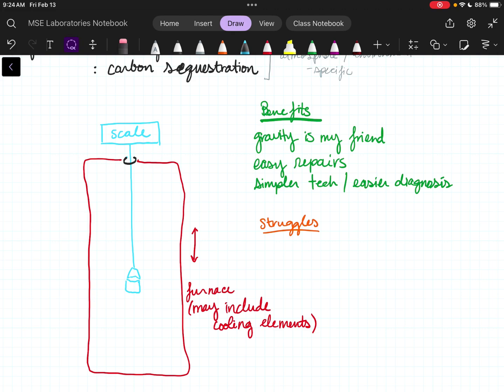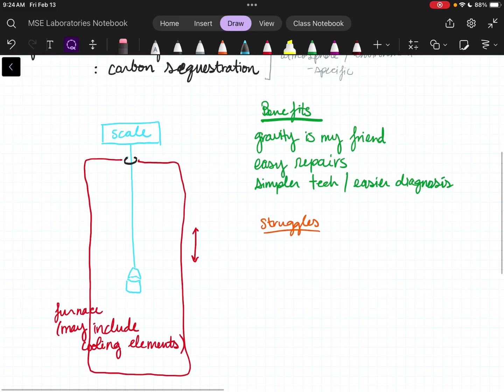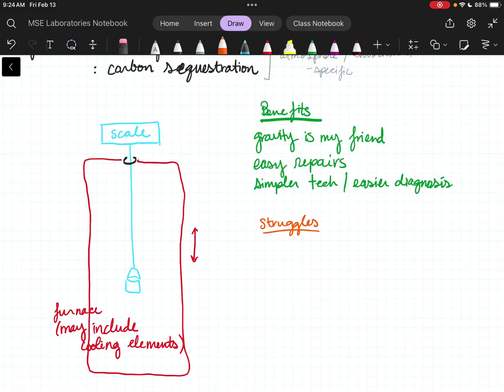All of these parts are very simple and easy to replace should any repairs be needed. So, easy repairs. And personally, I like things that are simpler in technology because they are easier to understand as well.